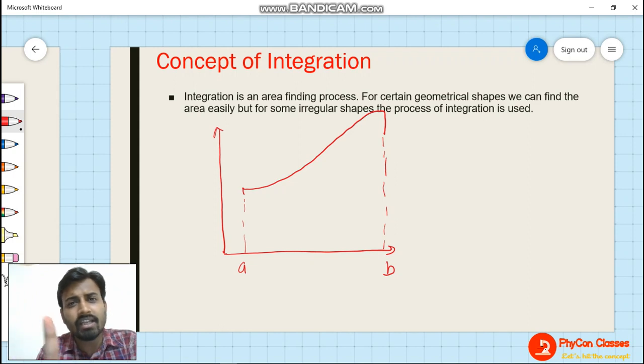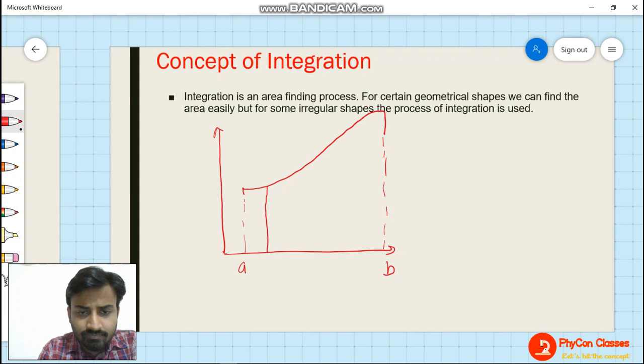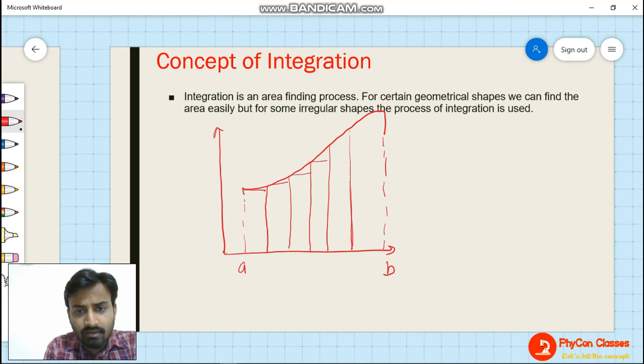Now the formula for the area of a rectangle we know. So I am going to divide this into a number of rectangles. Okay, so I'll just make rectangles here like this. Now we can find out the area of each rectangle and sum it up. This is area 1, 2, 3, 4, 5 and 6.